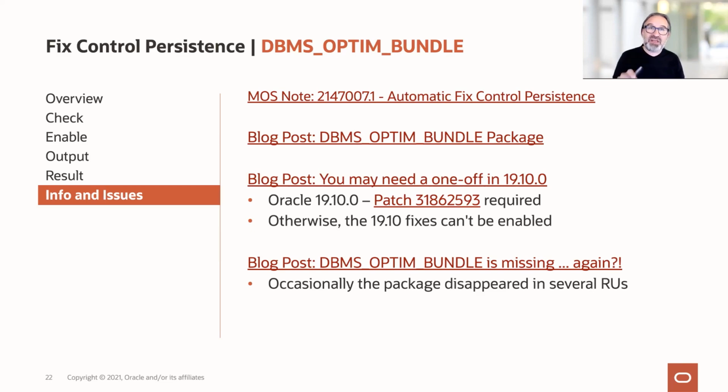Because if you don't have that, and you check now, DBMS_OPTIM_BUNDLE tells you only the 19.9 fixes. So it can't produce the output for 19.10. The XML information hasn't been loaded into the database. And so you can't set the correct fix control settings for 19.10. But that's what we want. So you need that patch, a simple patch, it doesn't require a data patch. And then you go with this one.